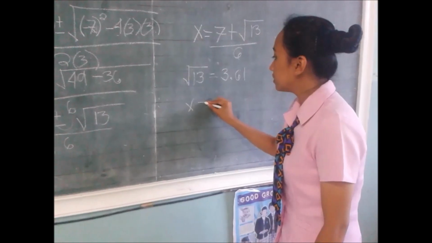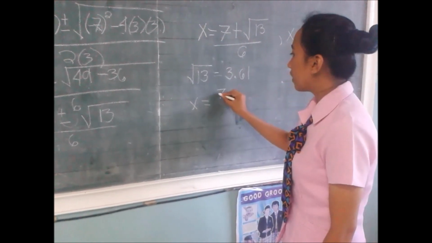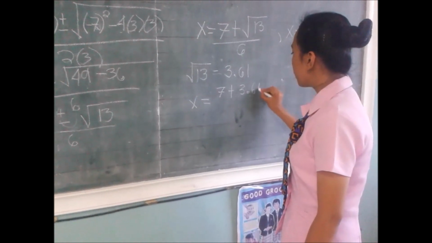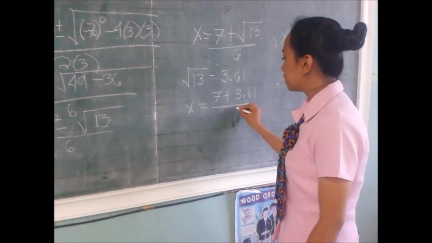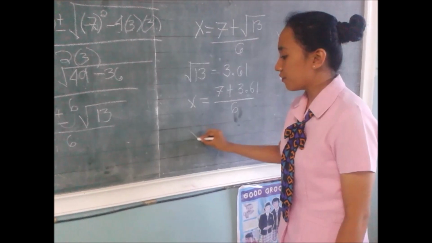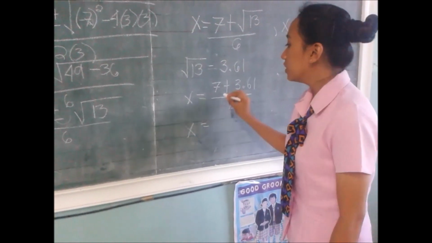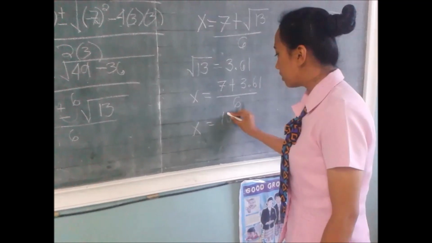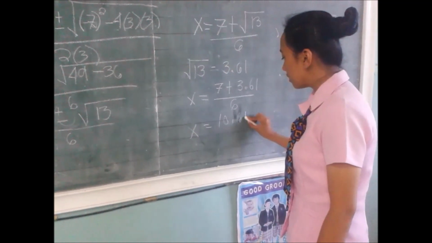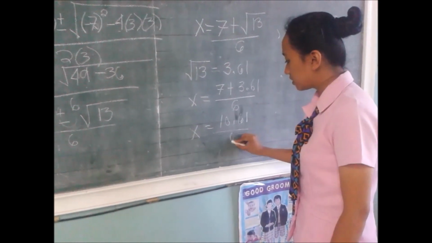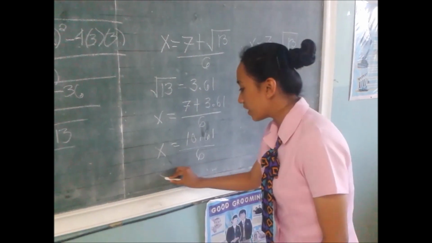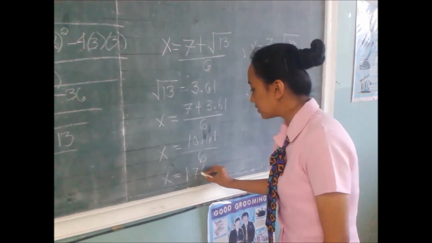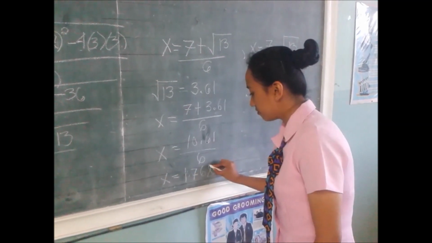X is equal to 7 plus 3.61 all over 6. So we have x is equal to 7 plus 3.61 is equal to 10.61 all over 6. So we have x is equal to 1.768.